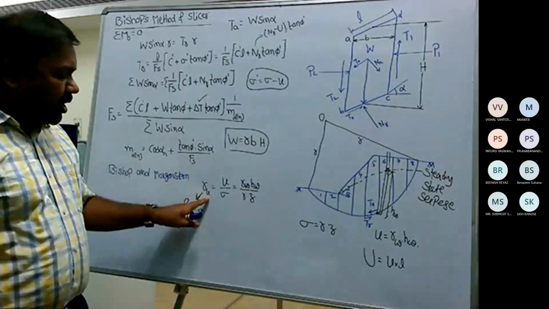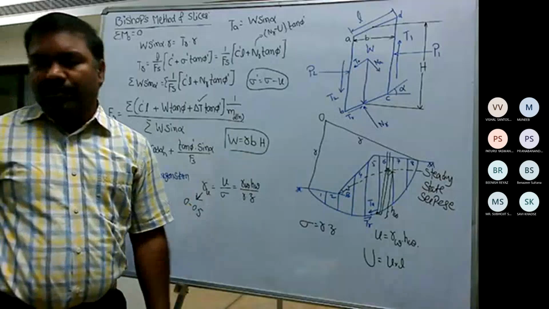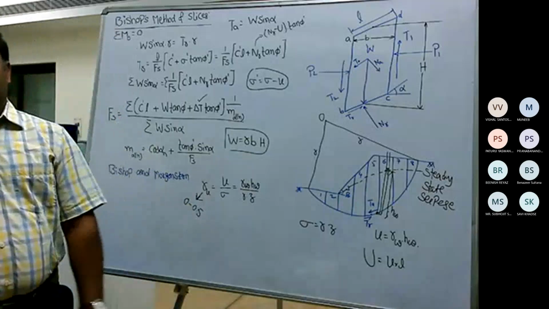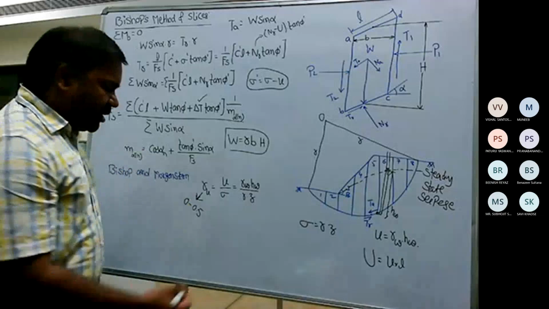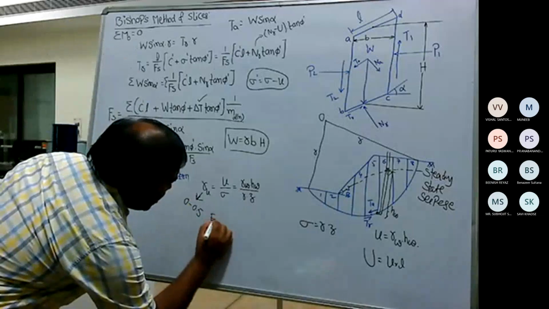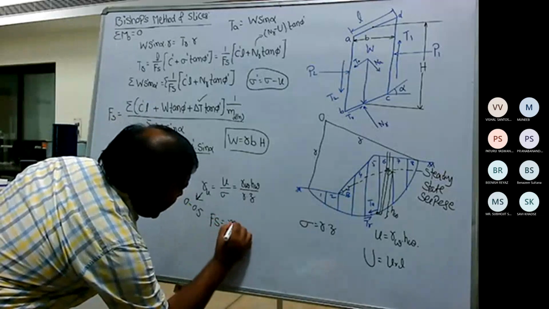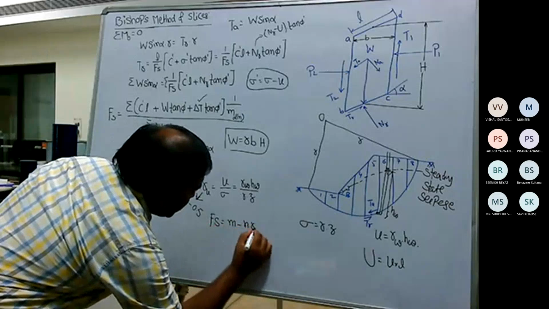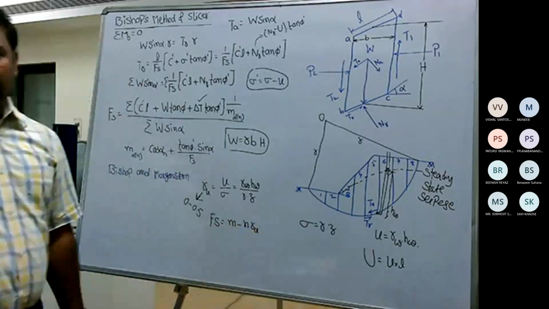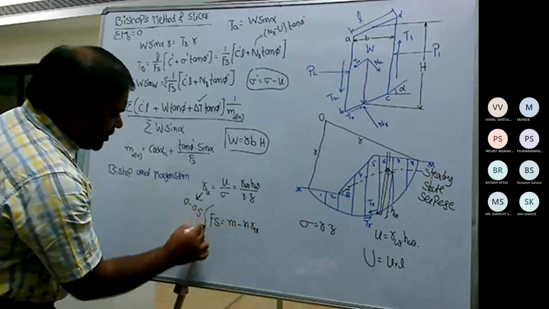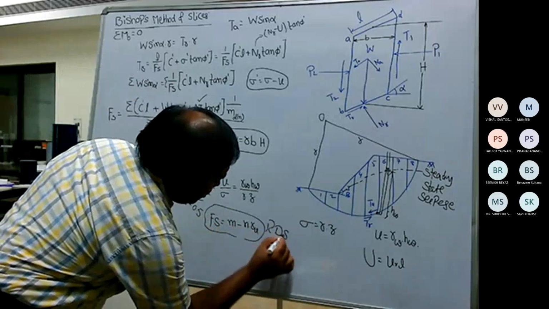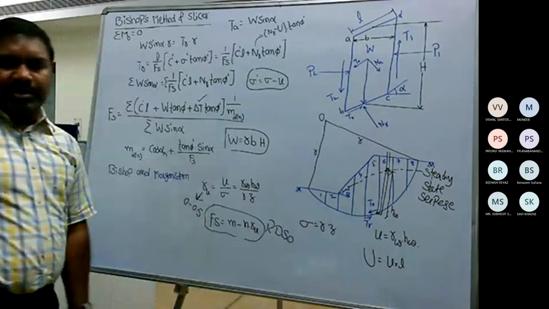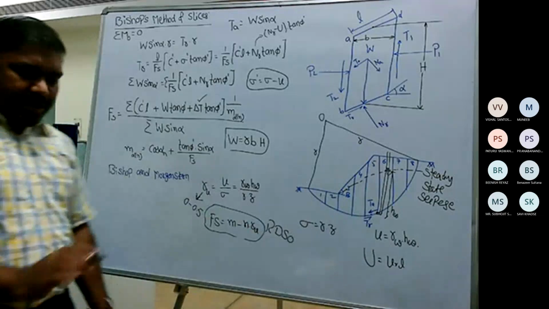This RU is predominantly used even in the case of railways. When you do any stability analysis of the railway embankment, the factor of safety is usually written in the form M minus N into RU. This is one of the equations proposed by the RDSO to determine the factor of safety of the embankment, railway embankment especially.